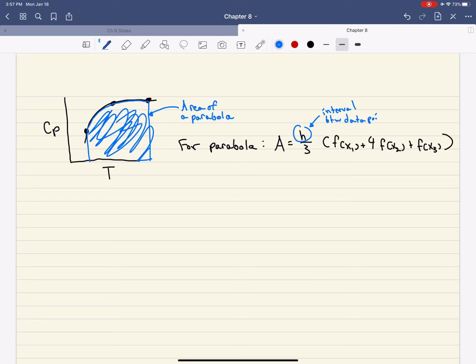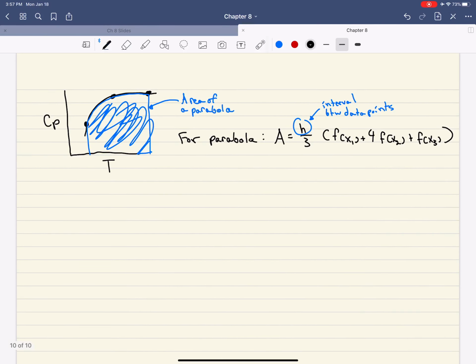Okay? So Simpson's Rule starts with that sort of concept. But to generalize the equation, I'm just going to write the final result.